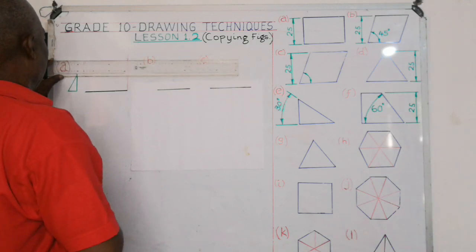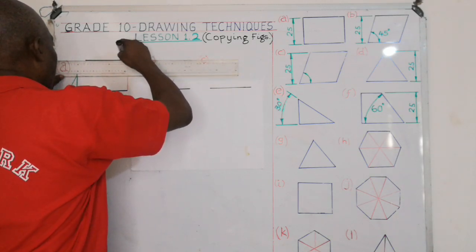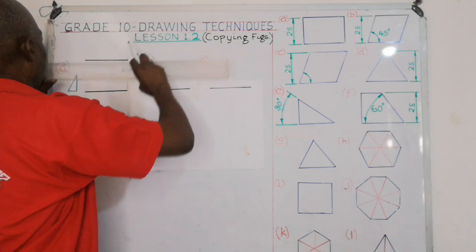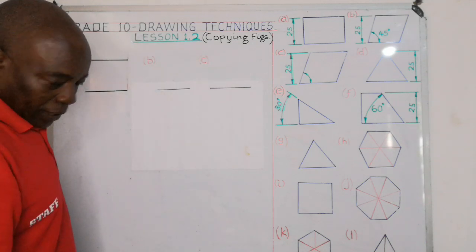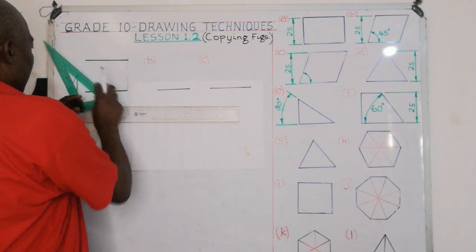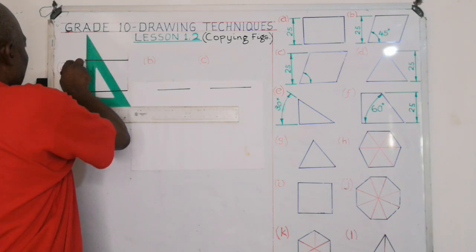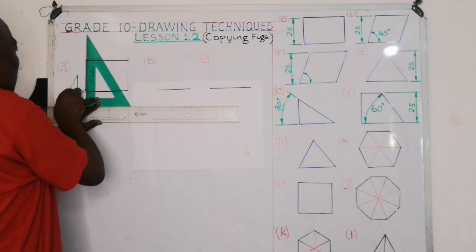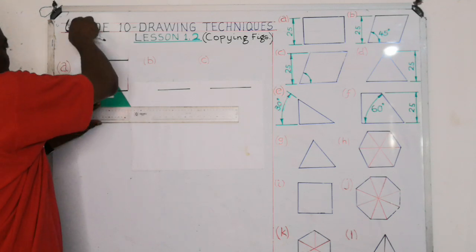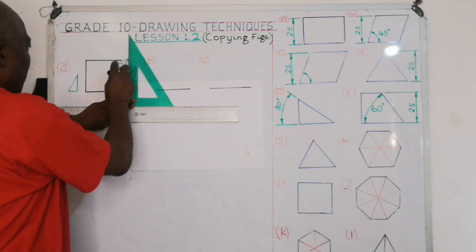So that's where my 25 is, and you outline like that, and then you continue outlining, going over the 2H lines that you constructed, like that, and also here, like that.